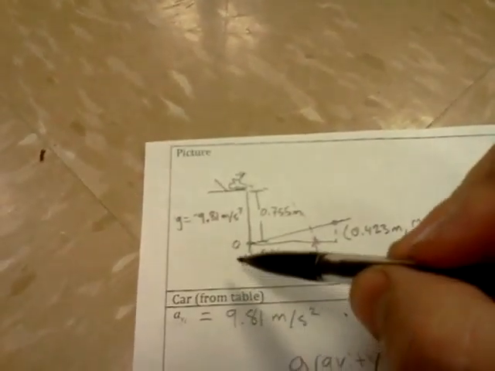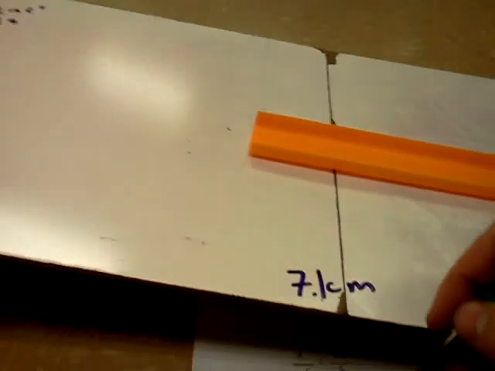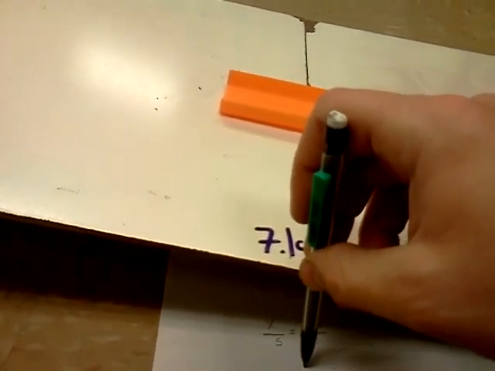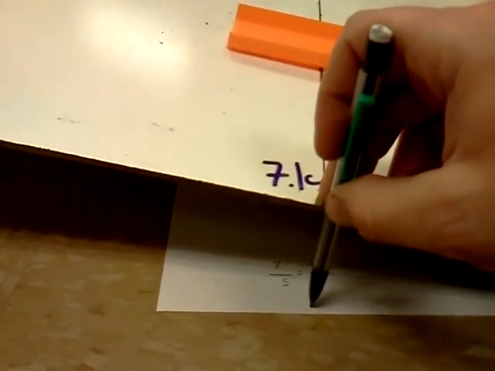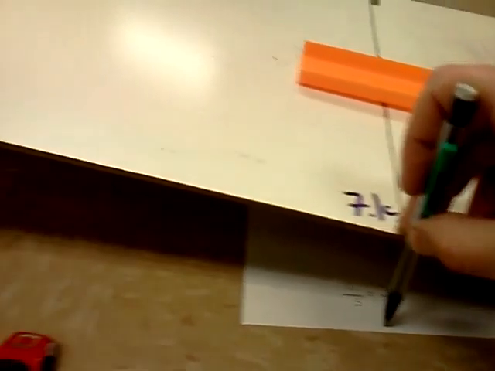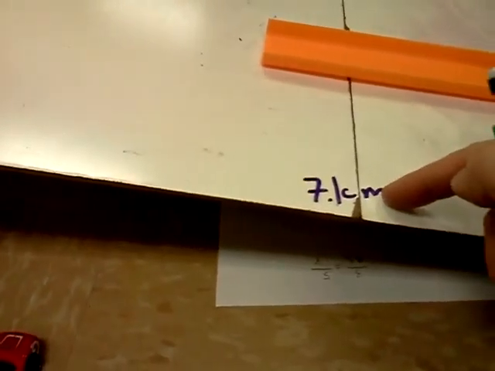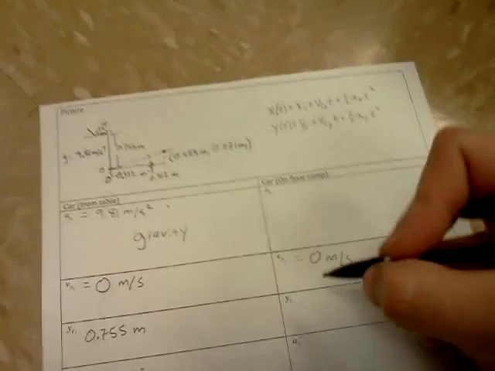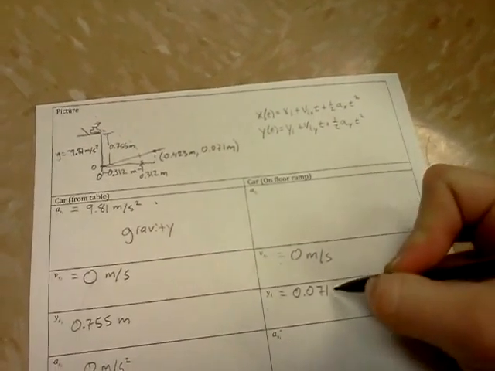I can look at my table and see that the ground is a height of 0 and the table is an x distance of 0 as well. So what I need to do is measure on my ramp the height of where I'm releasing from to get an initial y value for the height. And the height of my ramp from here to here is 7.1 centimeters. So that's 0.071 meters.